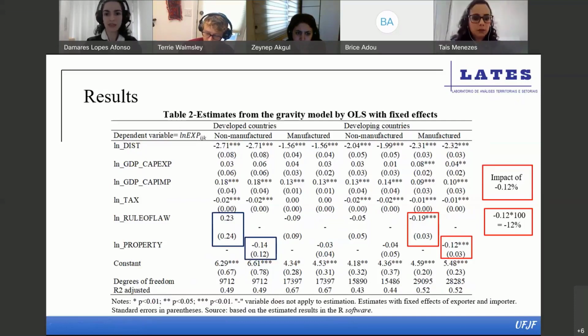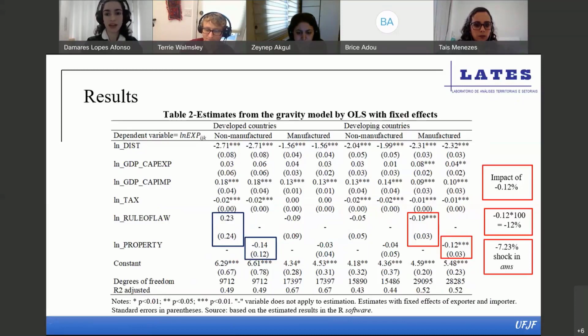We consider this like transaction costs associated with manufactured exports of developing countries. Multiplying these values, we can say that institutional inefficiency of developing countries negatively affects their manufactured exports by 12%.